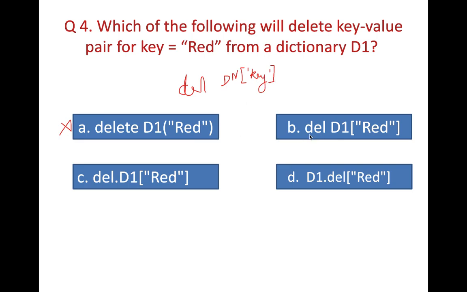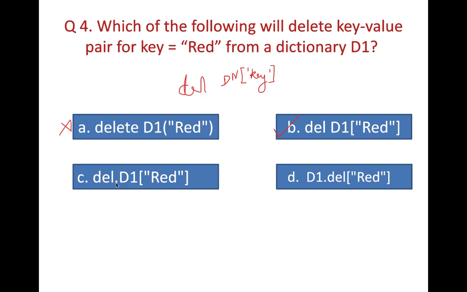Let's see the second one, del. Yes, it is matching. Dictionary name D1 is the dictionary name D1. Followed by the square bracket, and within quotes we need to specify the key within the square bracket. So is it matching? Yes, it should be the answer. So let's see the third option. No, the third option is violating the syntax.